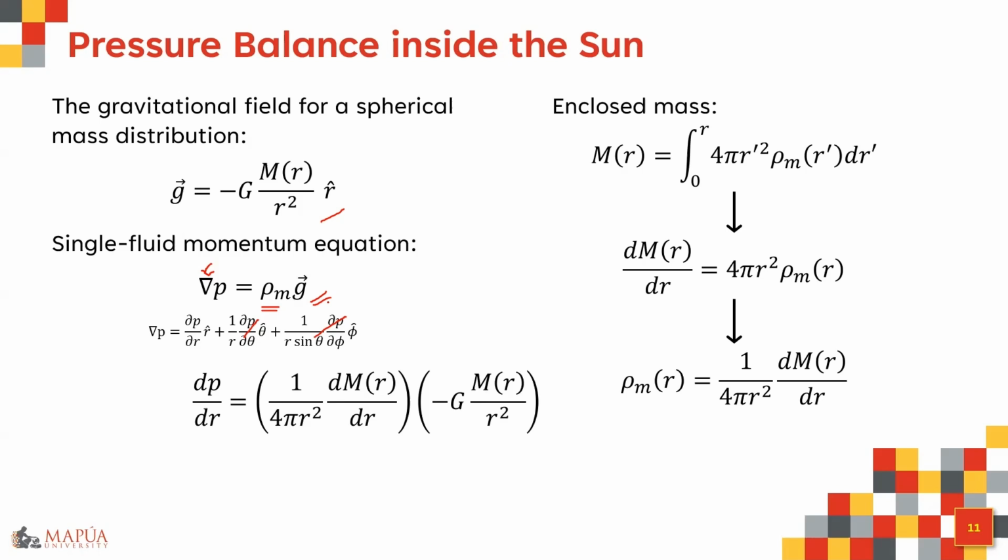Okay? So if we're going to simplify, this is now the differential equation that relates the variations of pressure as a function of distance from the center of the sun and how the mass varies with r as well. So this is your differential equation.